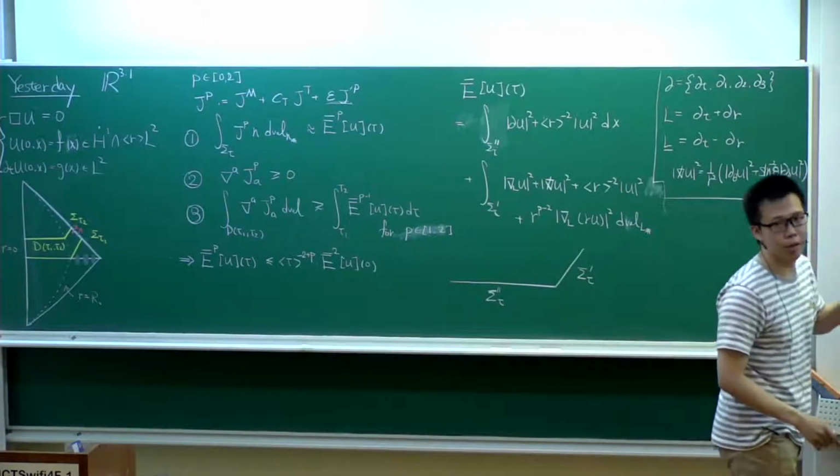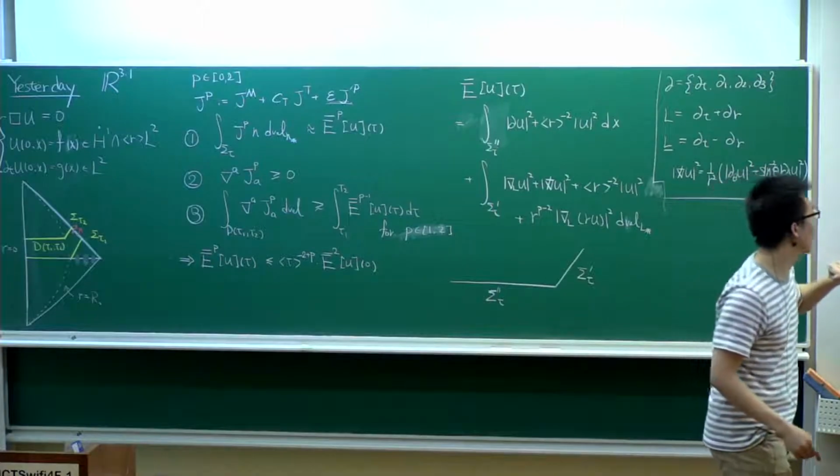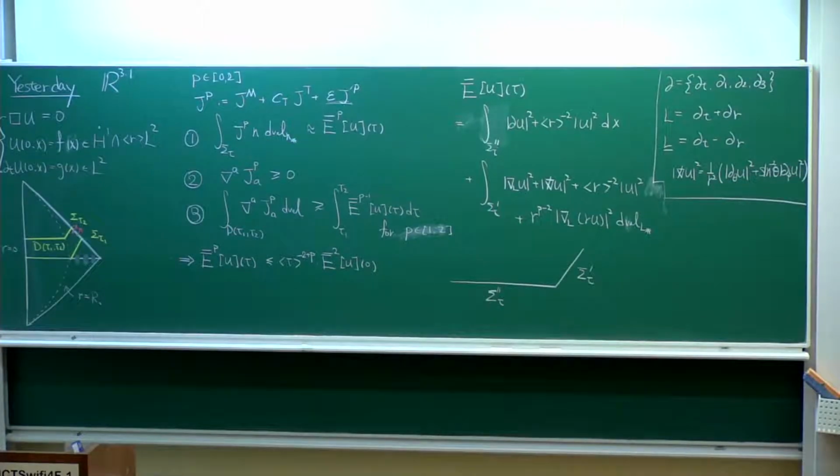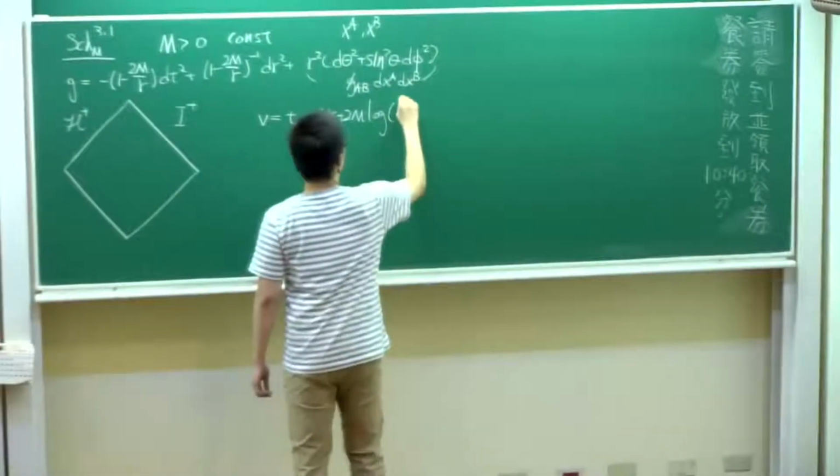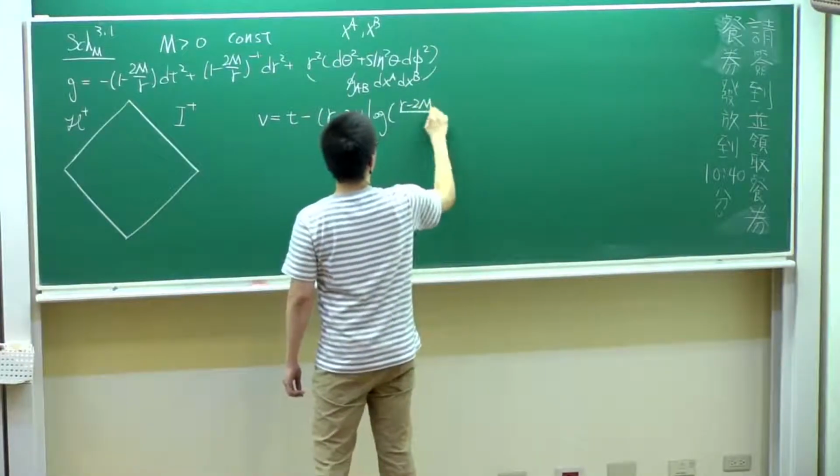This coordinate system is actually not regular along the event horizon, on which it is convenient to work with this coordinate system: v is t minus r plus 2m log((r minus 2m)/m).